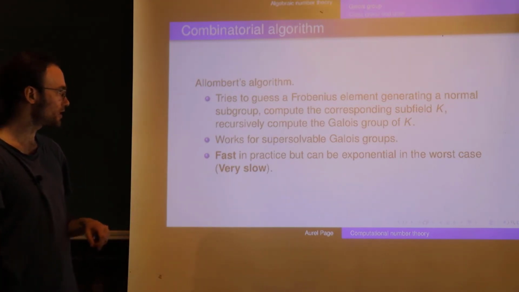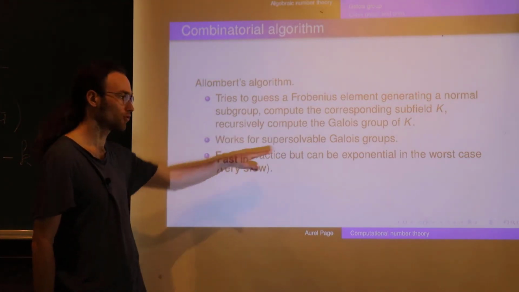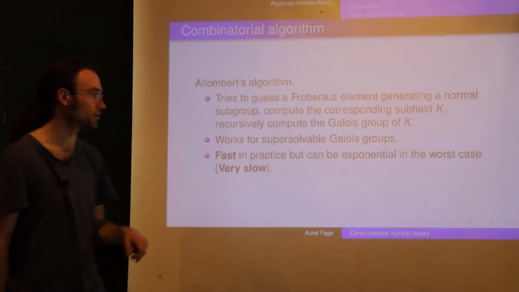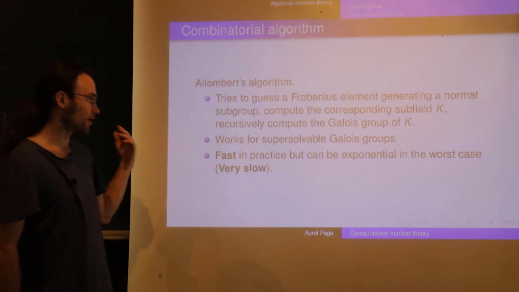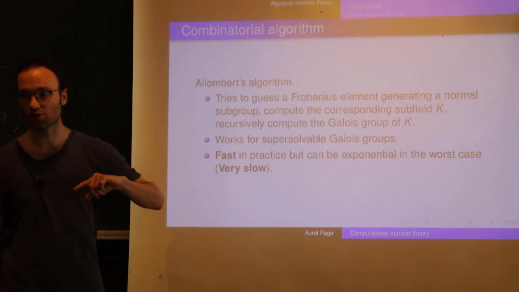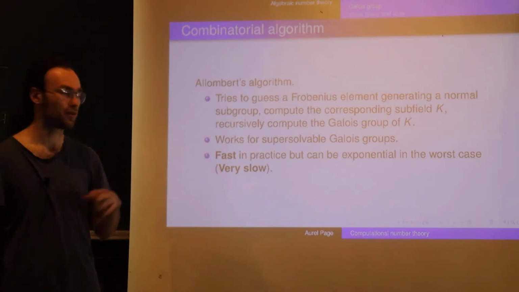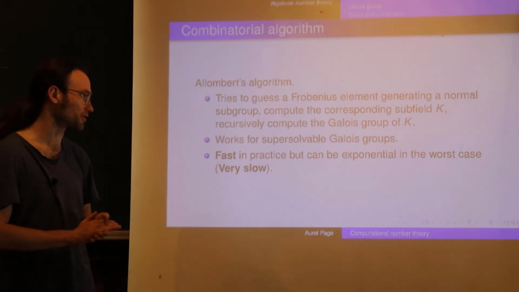And so this works only for a special kind of Galois groups called supersolvable. Doesn't matter what it actually is. It's a group theory notion. And it's quite fast in practice, but it can be exponential in the worst case. So there are cases where it's going to be very fast. There are cases where it's going to be very slow.